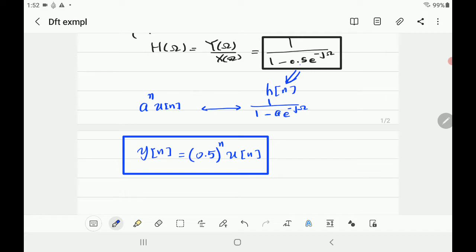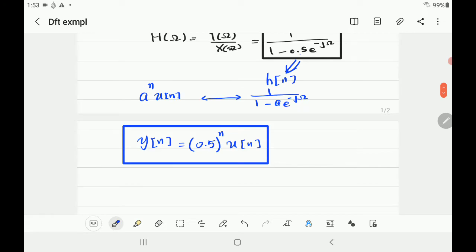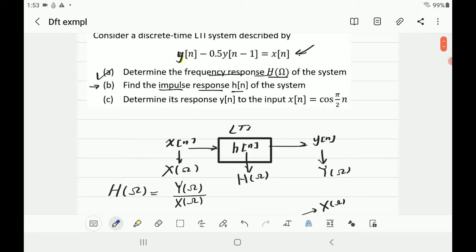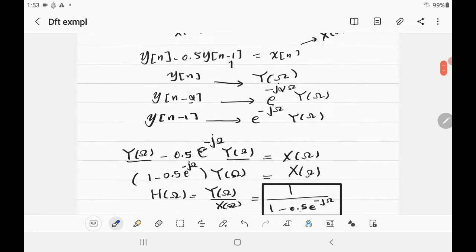Of course, it's easy, but I'd just like to remind you that sometimes it can be a little bit more complicated, so you can use partial fractions. But this is simple, just to show the idea. Now, we're done with the second part. Let's go for the third one. Determine its response y of n. It means you want the output when the input is equal to cosine pi over 2 n.